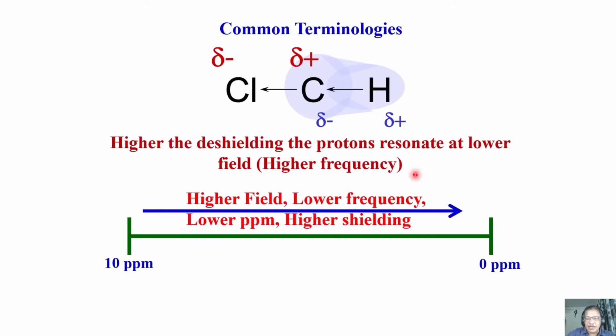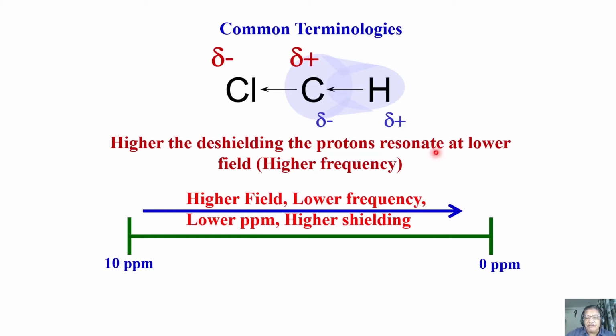The peak that comes here is at high field, and the peak that comes here is at lower field than the peak that comes there. So when you move towards the right, you are moving towards higher field, or in other words, we say it is moving towards lower frequency.